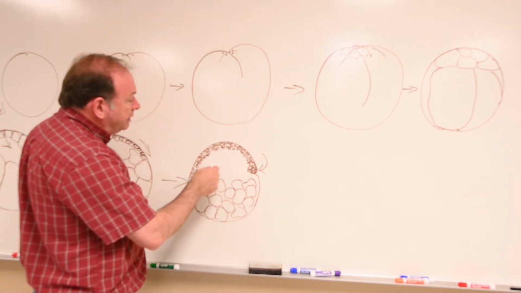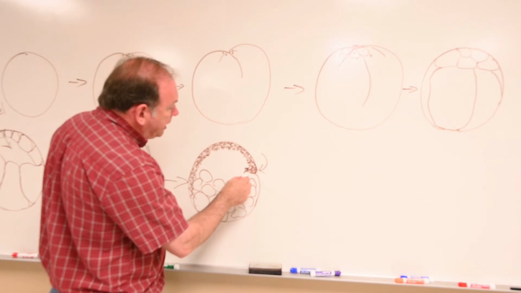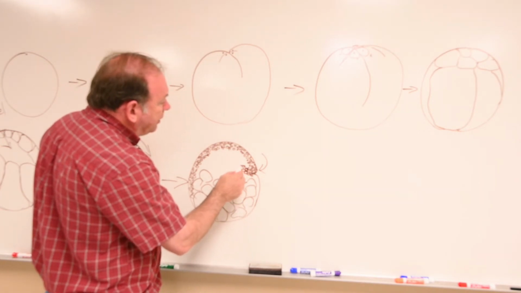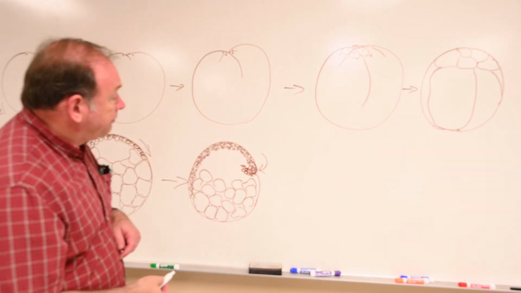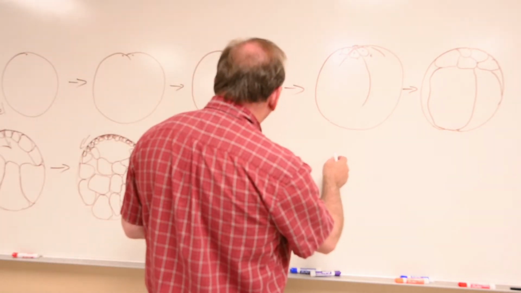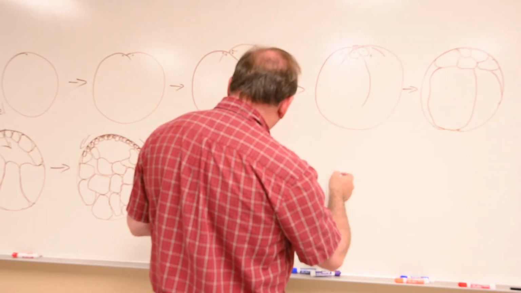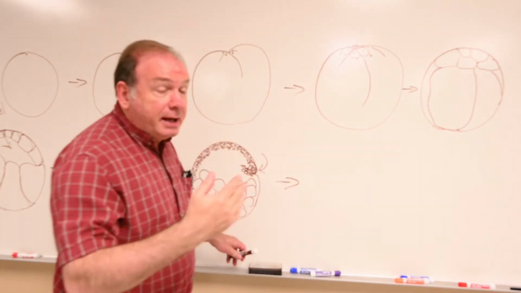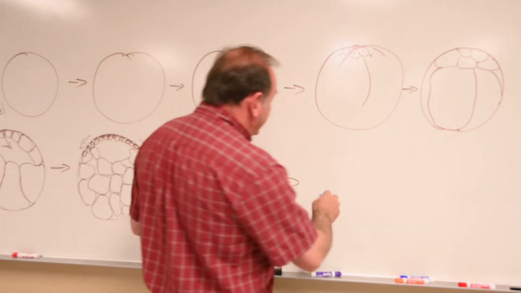So anyway, there's still a cavity. The blastocoel cavity is still in here. But right here, we're going to see this infolding of cells form a gut tube that goes through the embryo. And as that occurs, we can change colors and start making our ectoderm in blue.